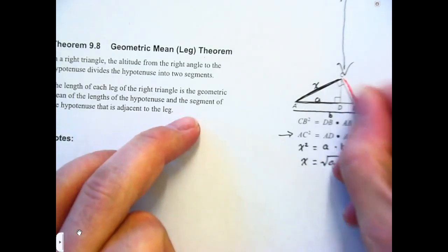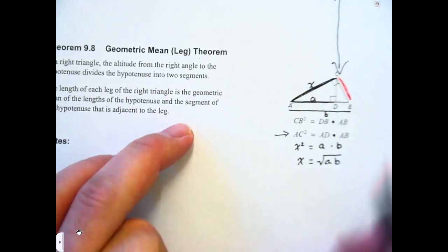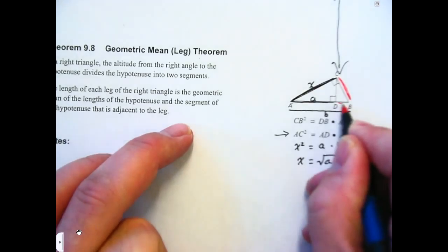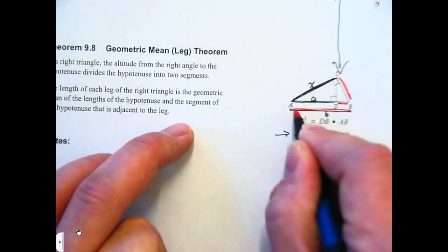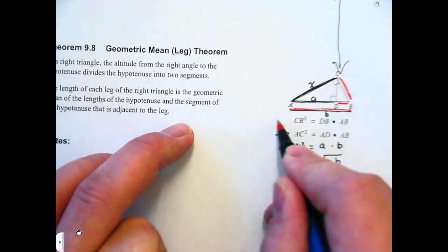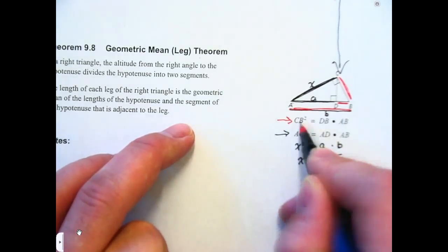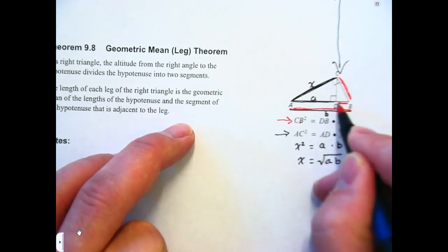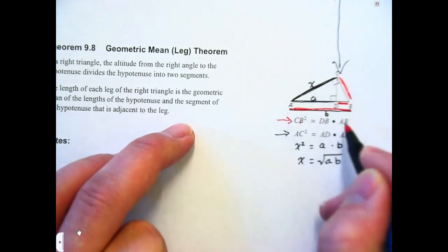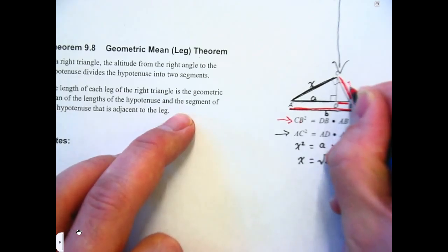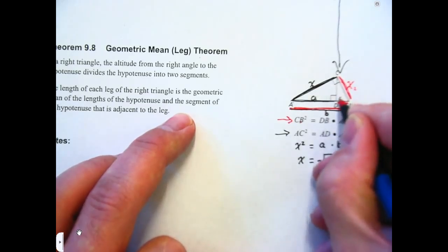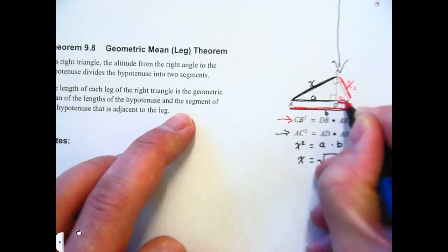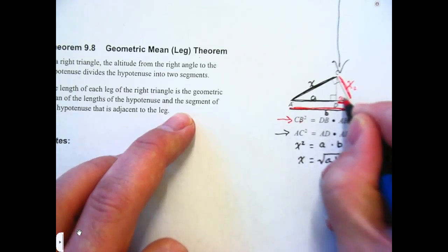Dealing with the shorter leg of that, I'm now saying I'm going this length, DB, times this entire length, AB. So I've got CB squared is equal to DB times AB. So again, if I use the geometric mean, and you have to differentiate between these x's, let's call this x sub 2, the second x value, and this would be our second A value, and our B value is the same still.